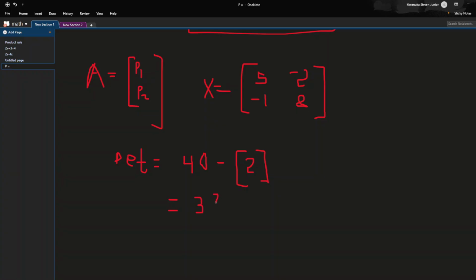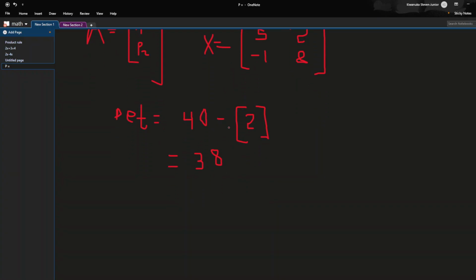Given that our determinant is 38, what follows? The formula for finding the inverse is 1 out of the determinant times the adjoint, or adjunct.